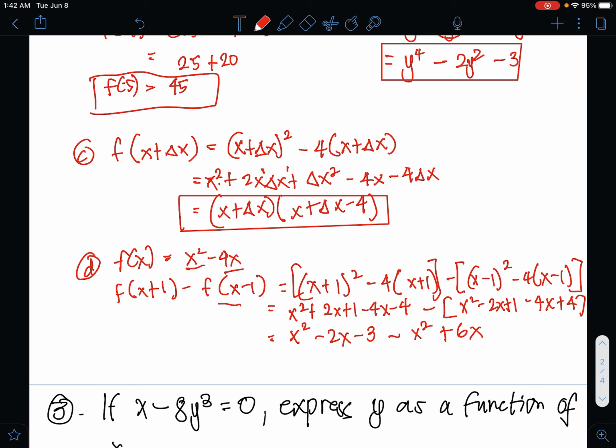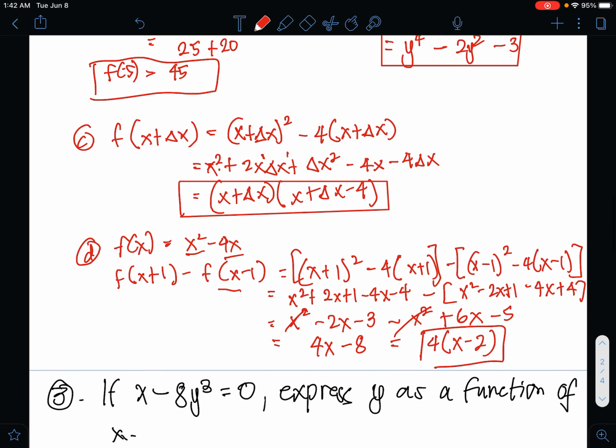Okay, and then 4 plus 1, 5. So, minus 5. So, combine x squared. So, 6 minus 4. So, 6 minus 2 is 4x. Tapos, negative 5 is 3. So, minus 8. Or, simplify that one. That's 4 times x minus 2. That is your final answer.